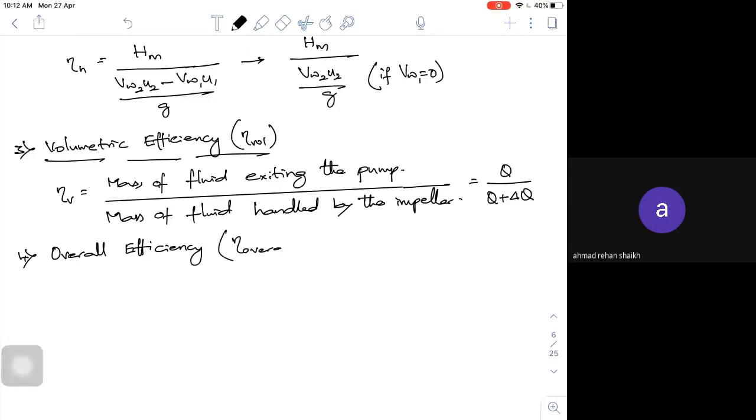Some books call this the pump efficiency also.